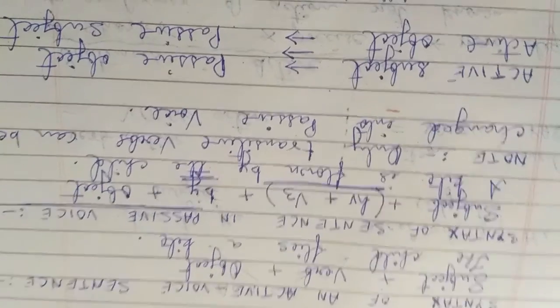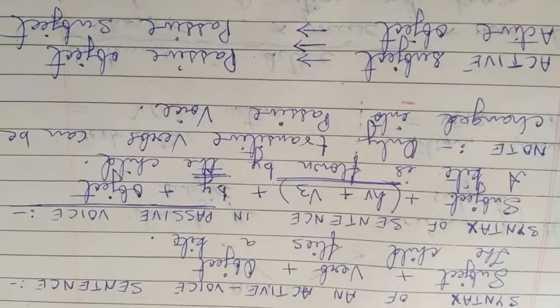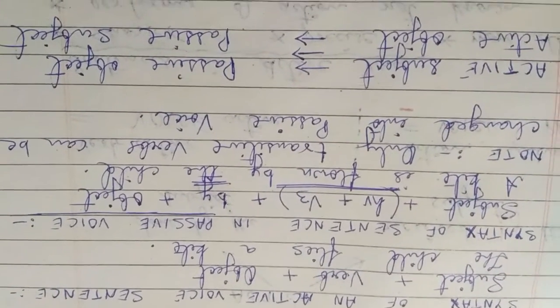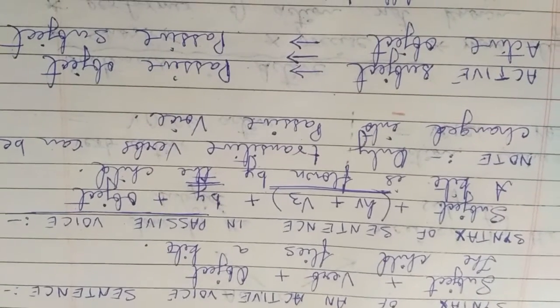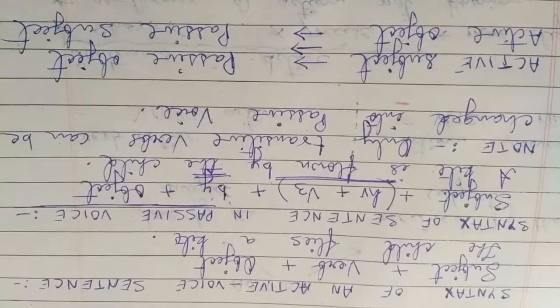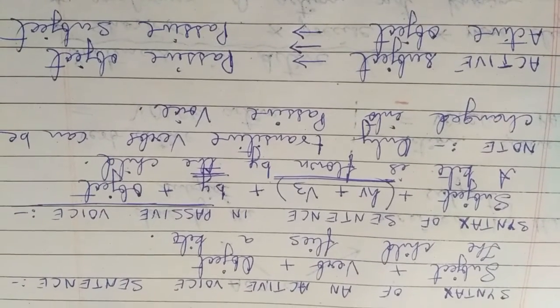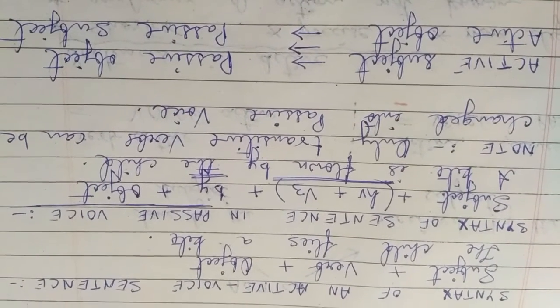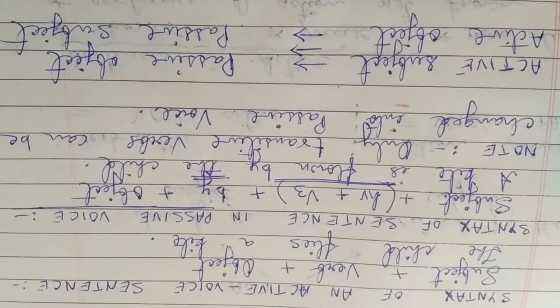You will have to write it here. Along with that children, one very important thing is that just before the V3 form, you will have to introduce another word which will be a helping verb.